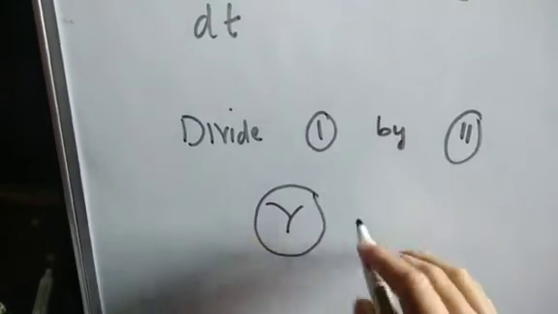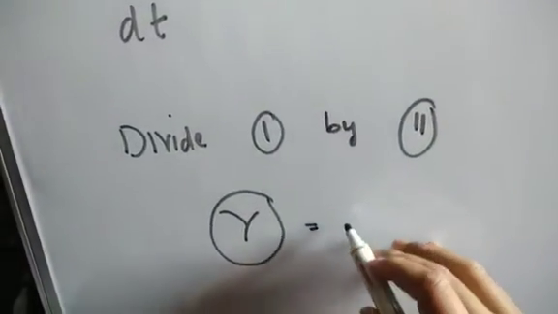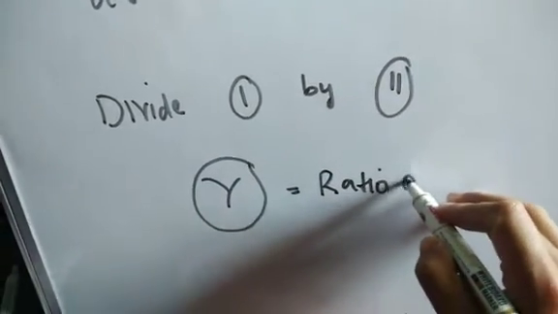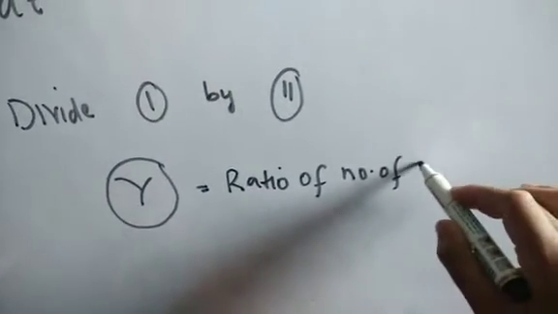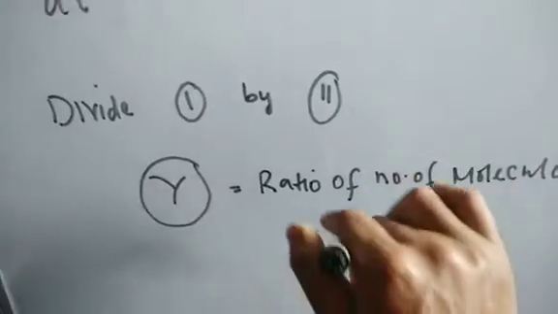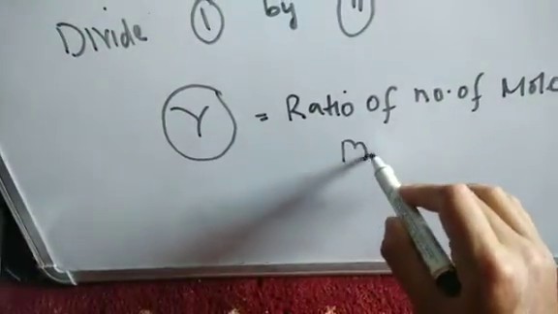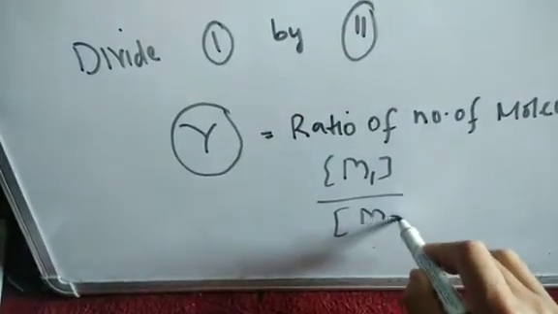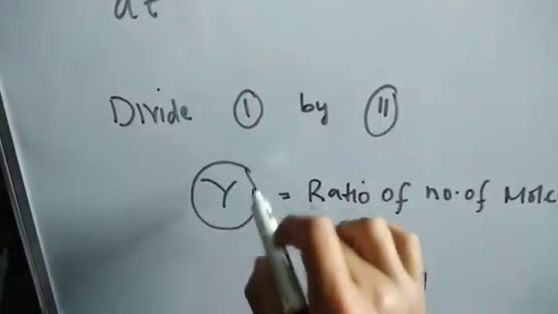So this ratio is basically the ratio of the number of molecules of M1 to M2 in a particular copolymer. So this ratio we designate by gamma.